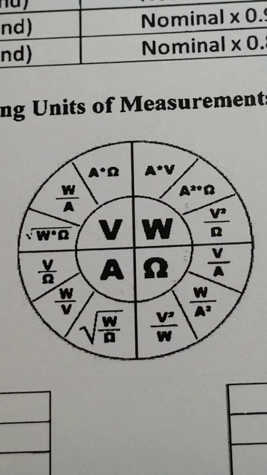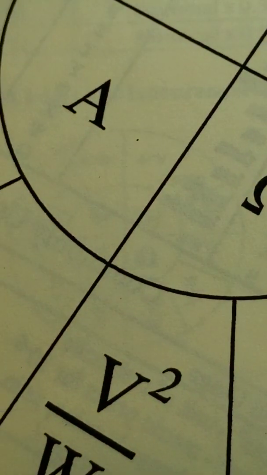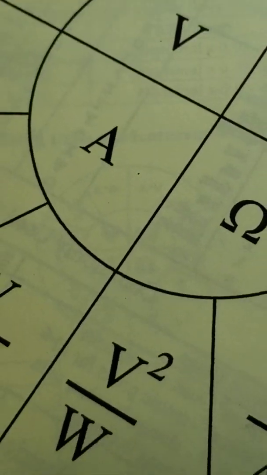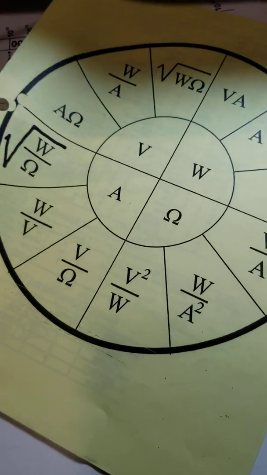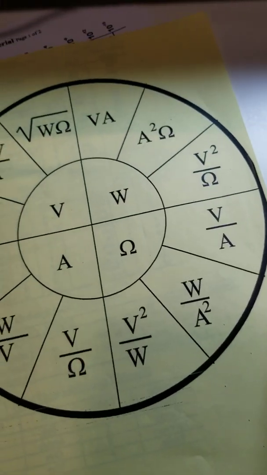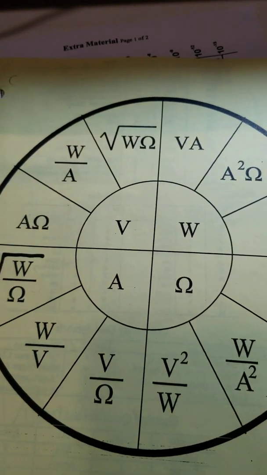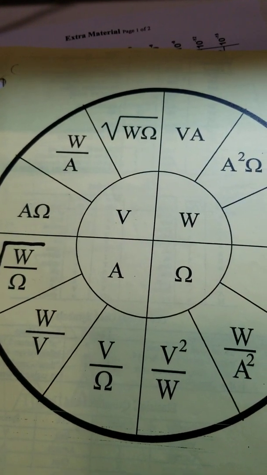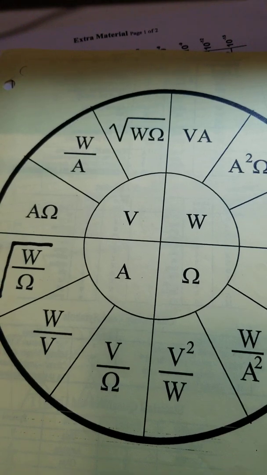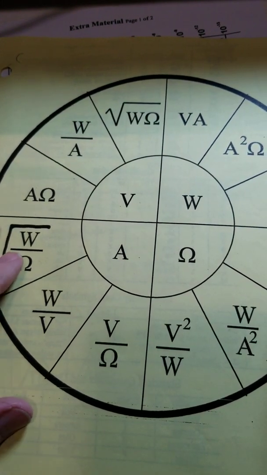So I've given you a similar chart on a single page that you can have available to you. If you don't have one, I'll make sure you get one. This is what we call the power wheel. You'll see this also on the Ugly's guide and that type of thing.